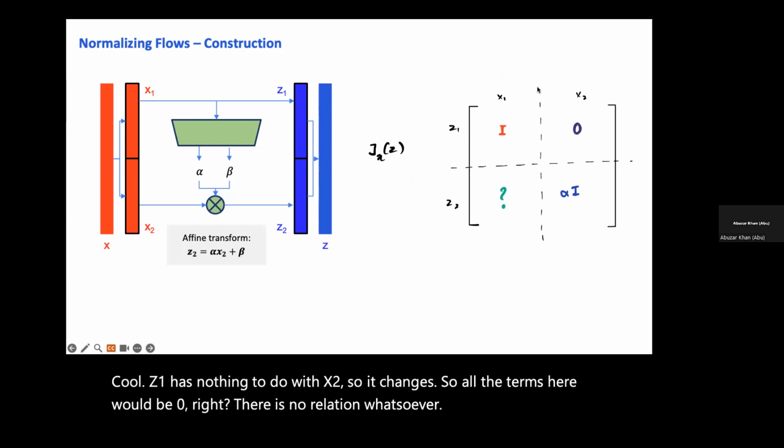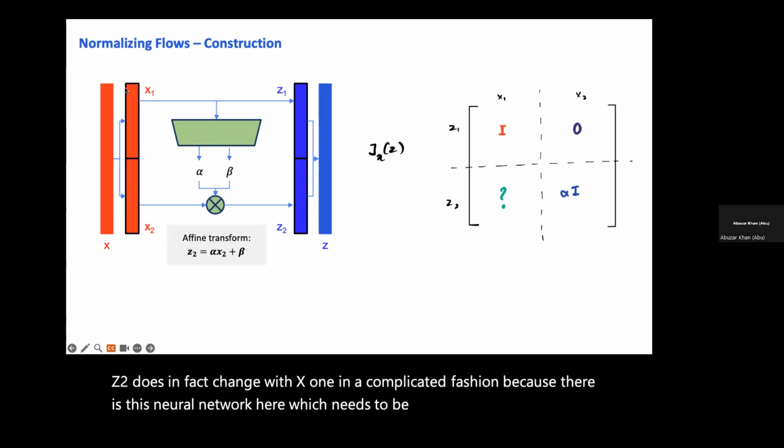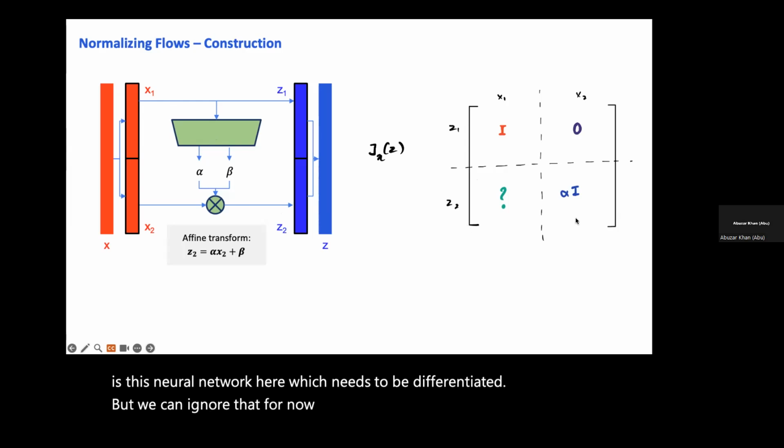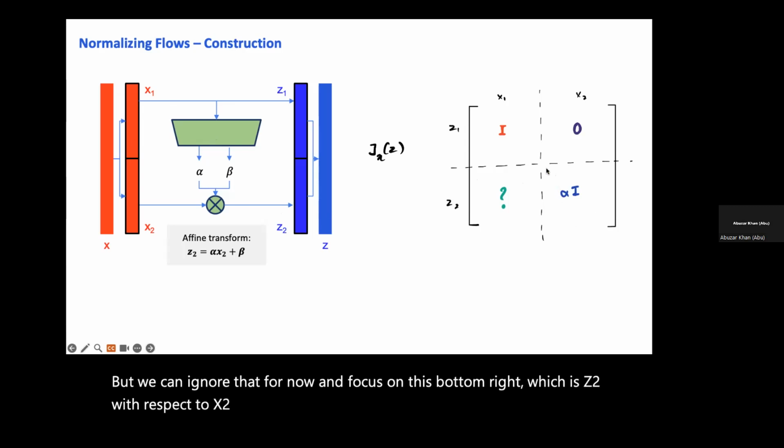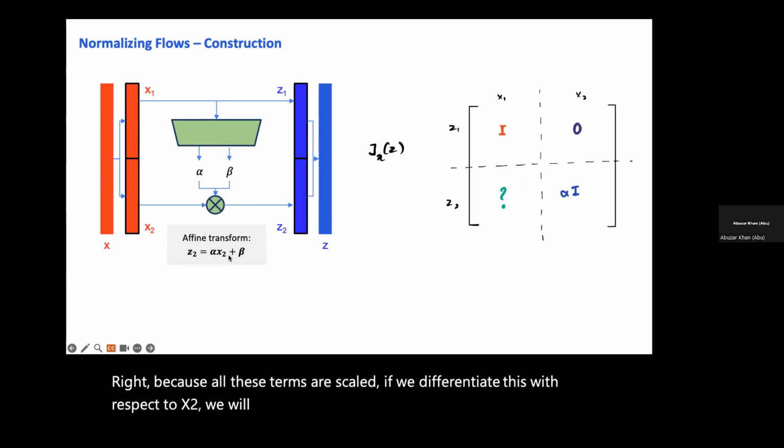Z2 does in fact change with X1 in a complicated fashion, because there is this neural network here which needs to be differentiated. But we can ignore that for now and focus on this bottom right, which is Z2 with respect to X2, and all that's there is a diagonal of alphas, right? Because all these terms are scaled. If we differentiate this with respect to X2, we will only get the alphas.